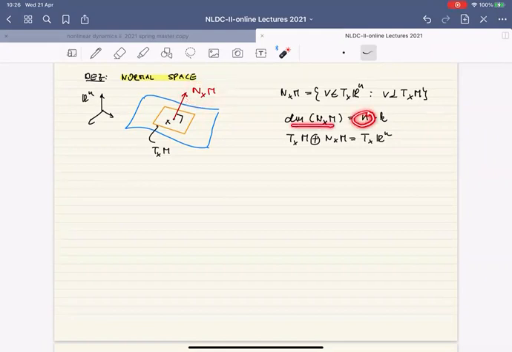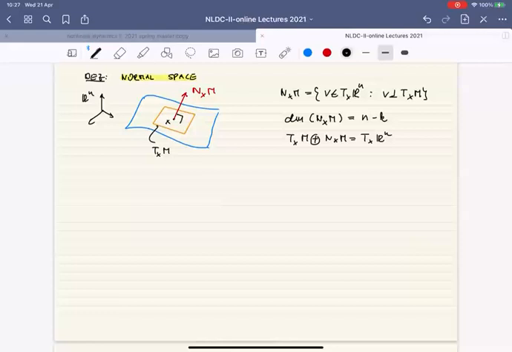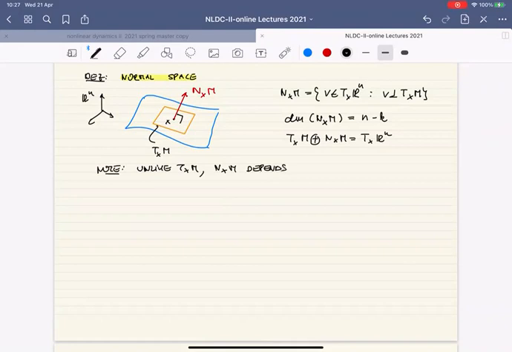Because when I count its dimension, it's heavily influenced by the dimension of the ambient space, okay? So that's a first indication already, and I'm going to state that, note that unlike the tangent space, NxM depends on the ambient space quite heavily.